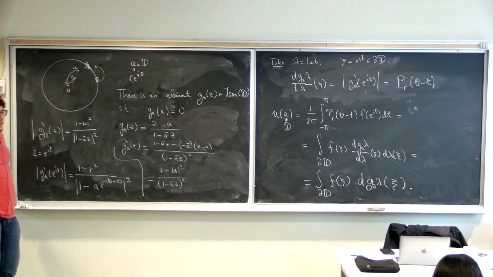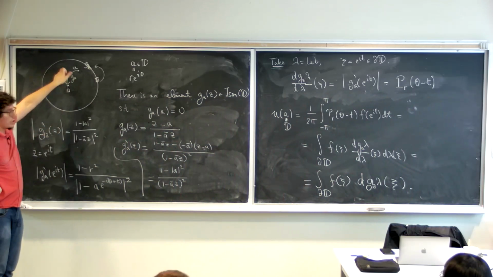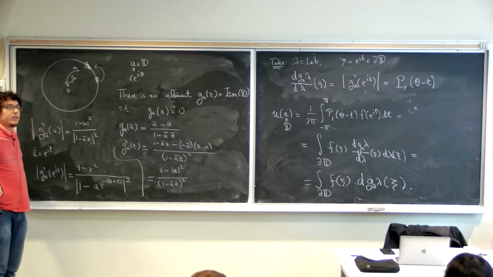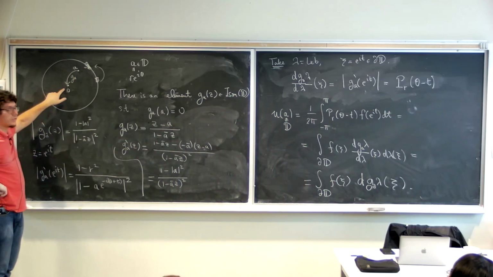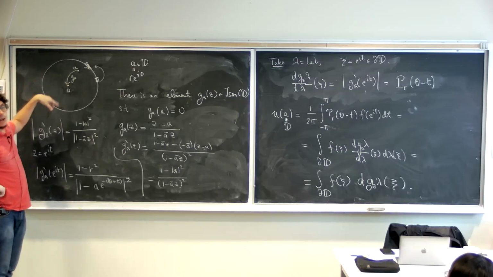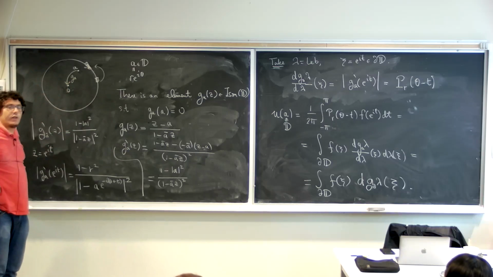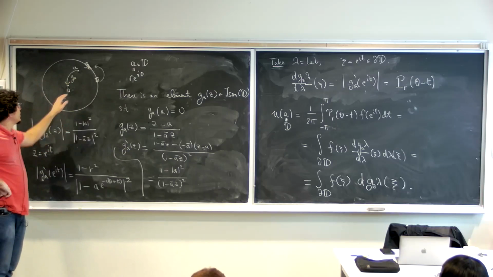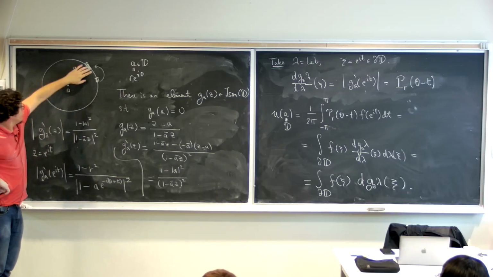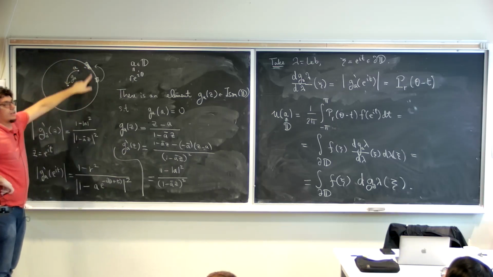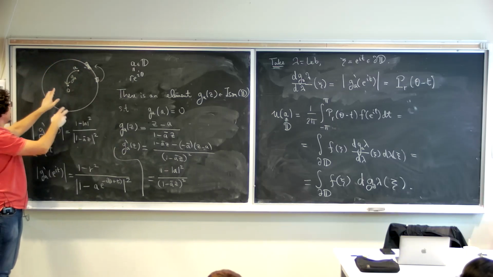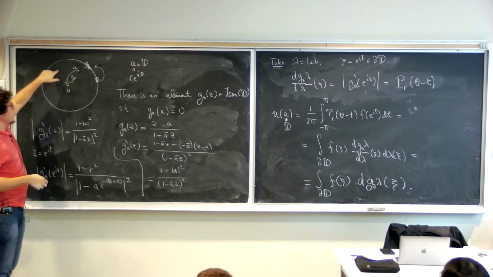So you see the group of rotations is also playing a role here, because the stabilizer of 0 is the group of rotations, and you want your function to be, not invariant, but somehow an average over these rotations. Otherwise, for another point, you want an average with respect to the group of hyperbolic rotations, which is done by conjugating the group of rotations by this.